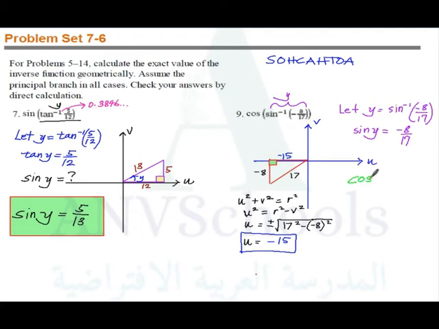Cosine is adjacent over hypotenuse. So our adjacent here is negative 15, and our hypotenuse is 17. So our answer is cosine y equals negative 15 over 17.